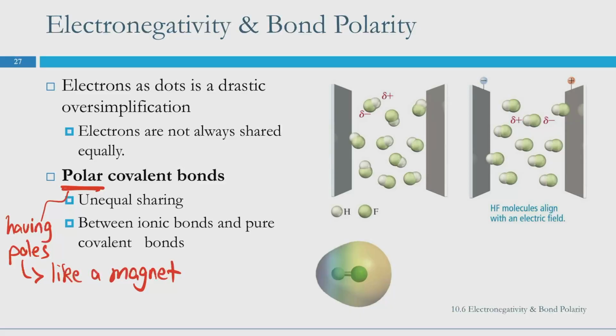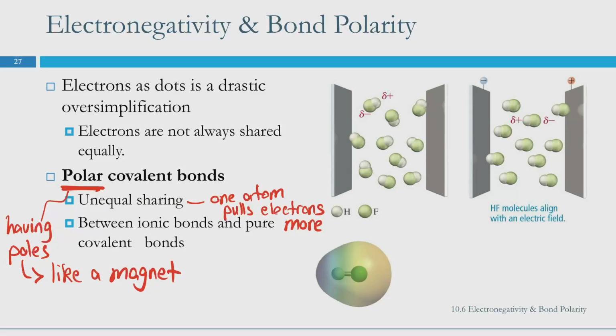So one of the atoms is holding the electrons more than the other. One of the atoms is pulling the electrons closer to it more than the other.